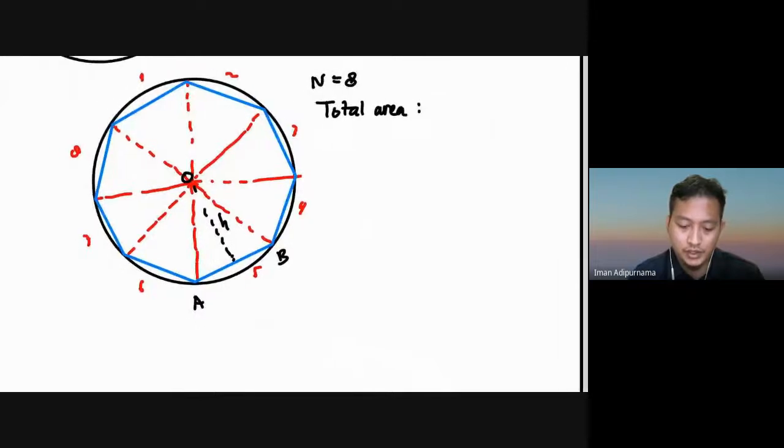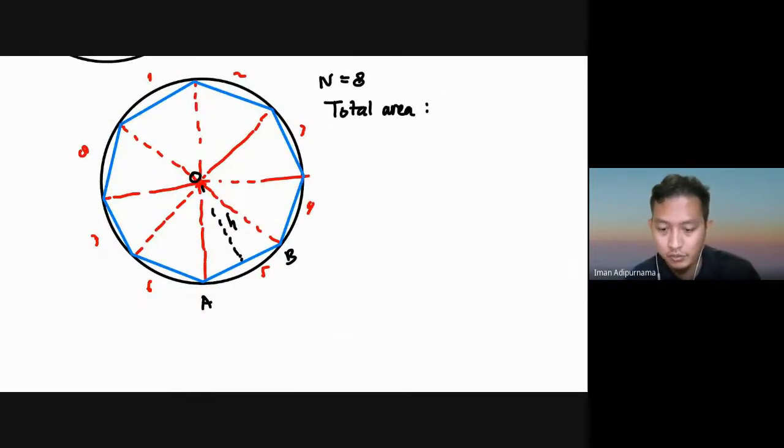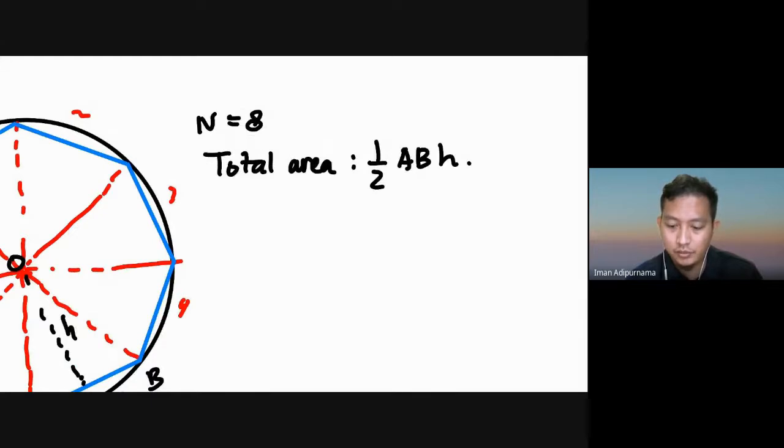So the total area for ABO only will be half AB times H. And then you multiply this by n, because it has 8 triangles.